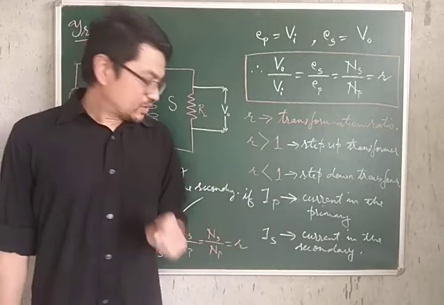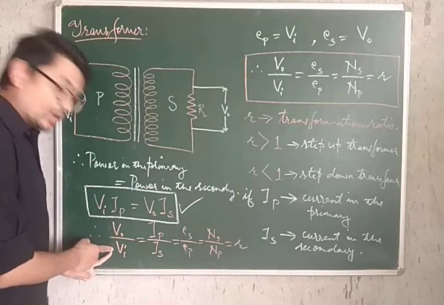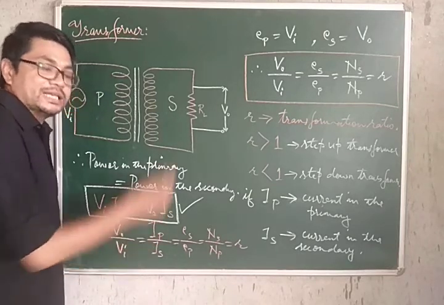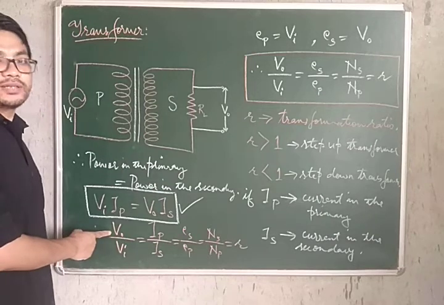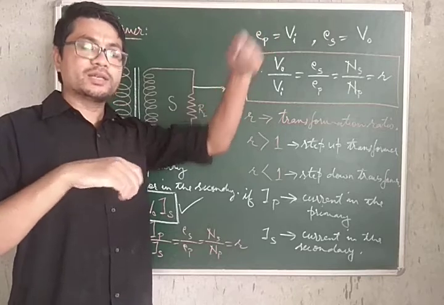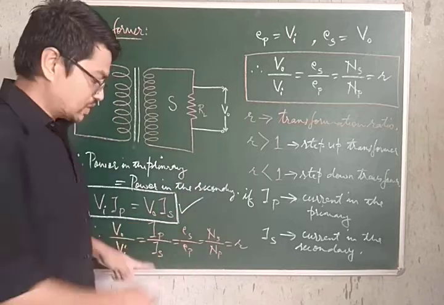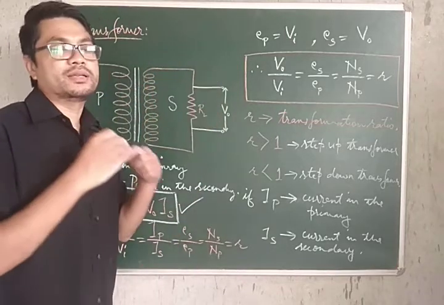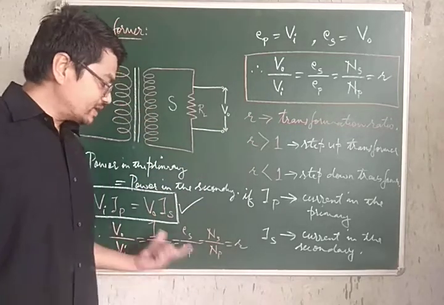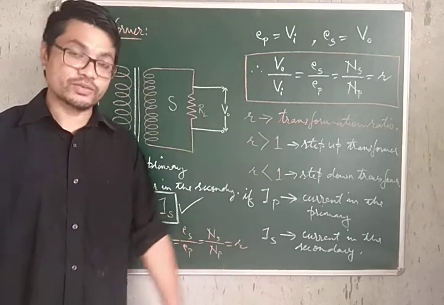Because as the output voltage increases compared to your input voltage, the current in the secondary correspondingly decreases with the same ratio. So this transformer is not violating your conservation of energy. Get that in very, very clearly.